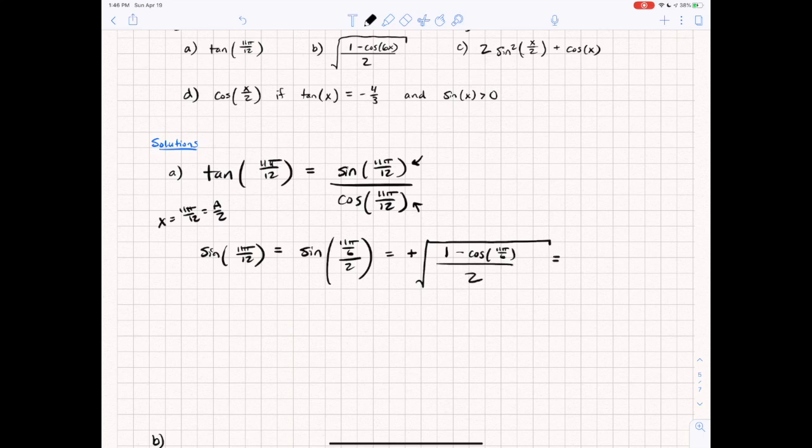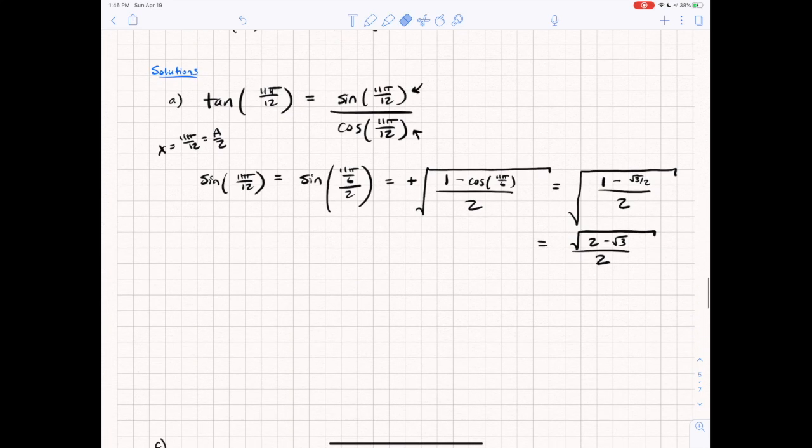This will be square root of 1 minus root 3 over 2, all over 2, which comes out to be square root of 2 minus radical 3 all over 2 once you simplify it.